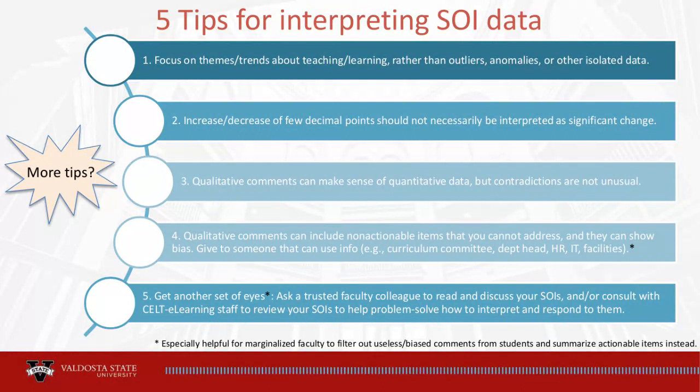It can be like, she's a rock star professor. Well, that's interesting, but that doesn't say much about your teaching, right? So again, just like being a good researcher, the research on SOI says focus on the themes and the trends that are about teaching and learning rather than the outliers, the anomalies, or the isolated data.